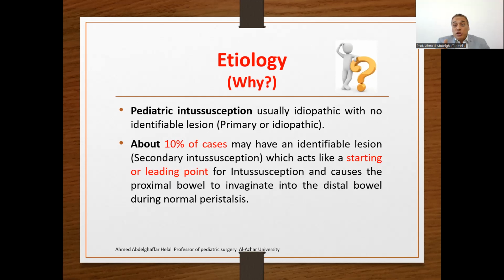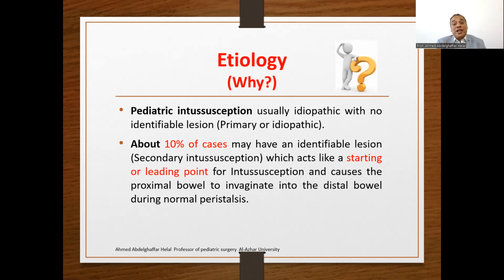Pediatric intussusception is generally and usually idiopathic, unlike adults, with no identifiable lesion. This is the majority and is called primary intussusception, or sometimes idiopathic intussusception. The proximal bowel telescopes into the distal without any lesion in the bowel wall.